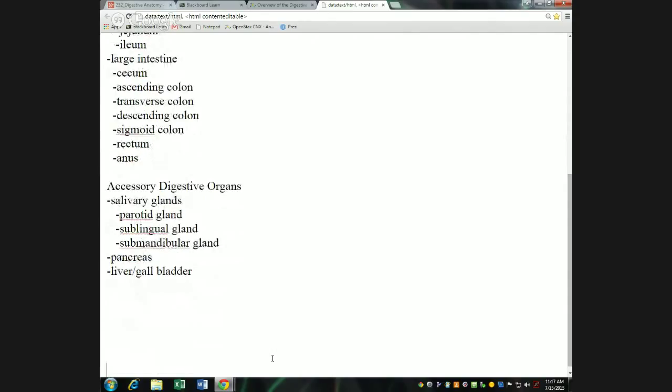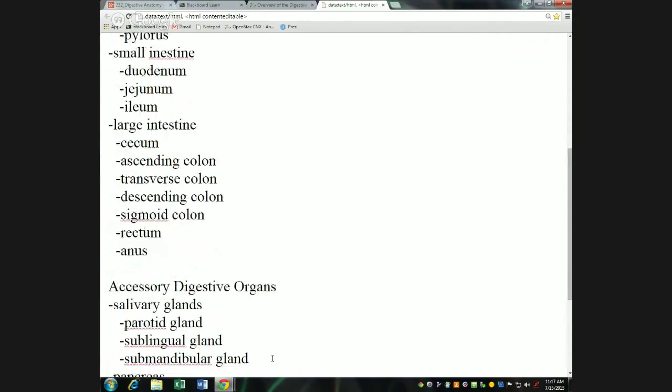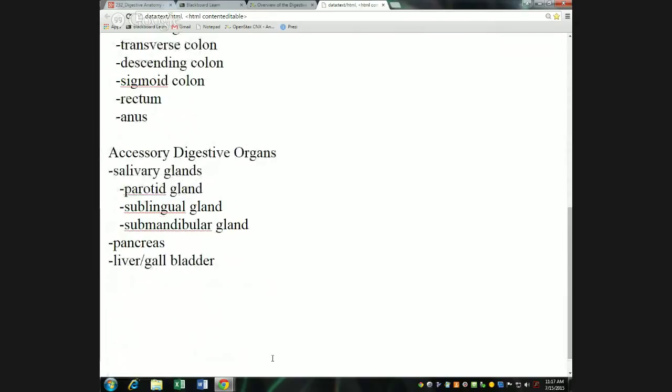I can make that a little bit bigger. The liver is responsible for making a very important digestive juice called bile. The gallbladder stores bile. So I like to put them together because the gallbladder by itself isn't a whole lot. It doesn't make anything. It just stores it in between meals.